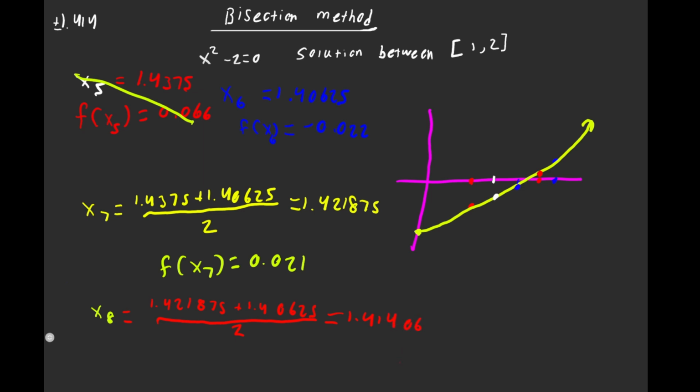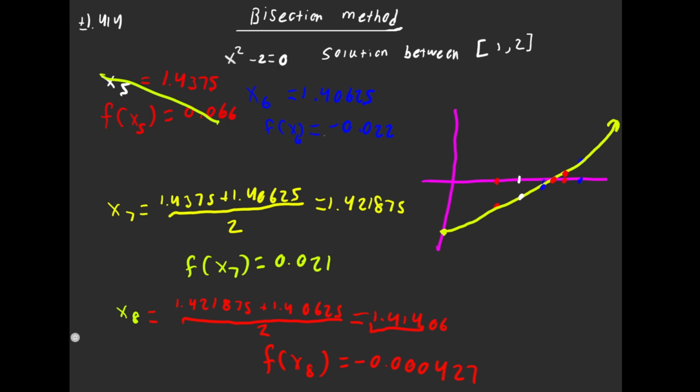1.41406. And if we look at f of x sub 8, we will end up getting negative 0.0000427. And here we see that the little extra new red dot is basically equal to 0.